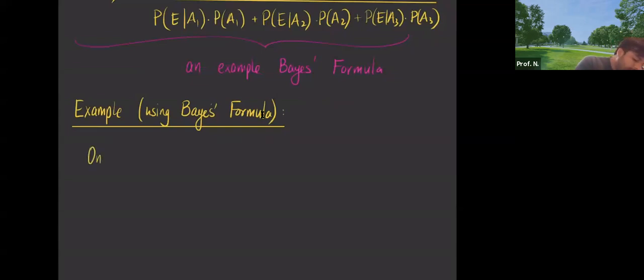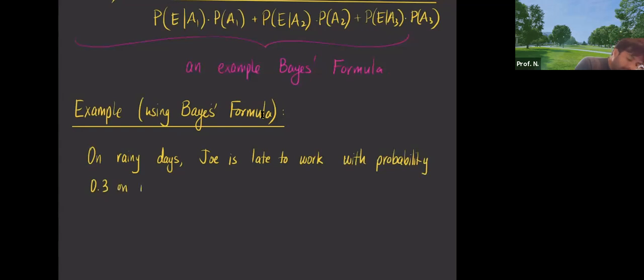On rainy days, Joe is late to work with probability 0.3; on non-rainy days, he is late to work with probability 0.1.